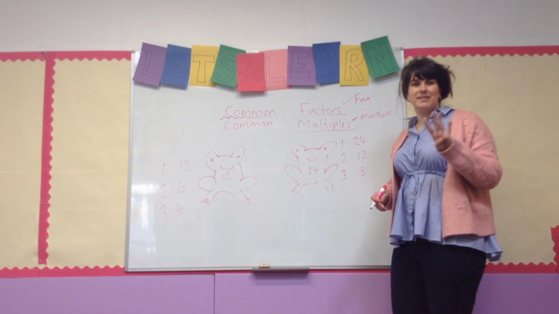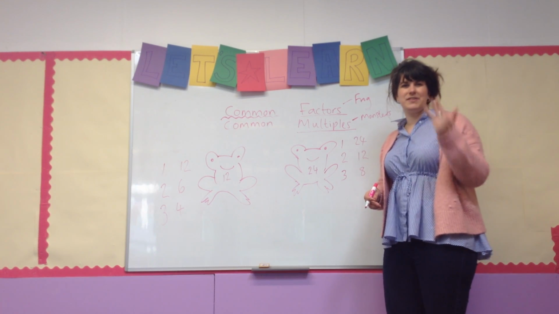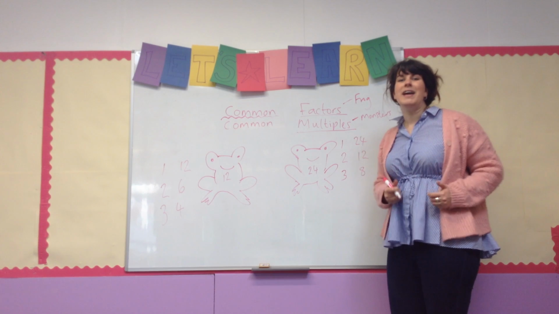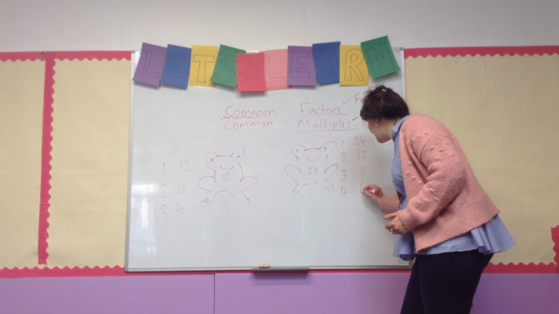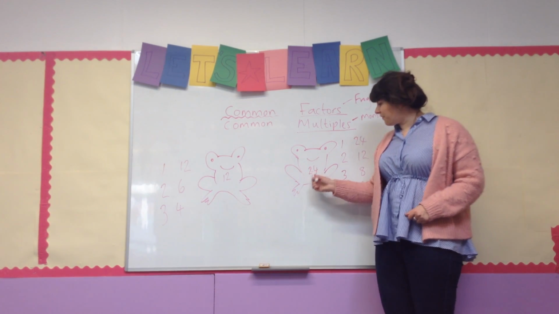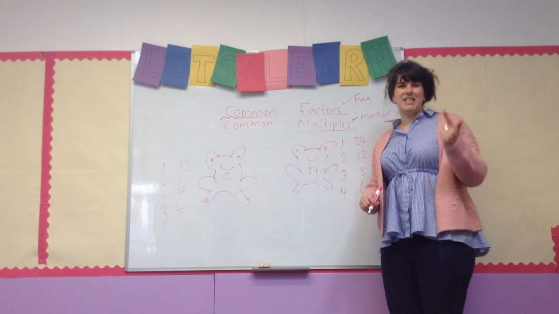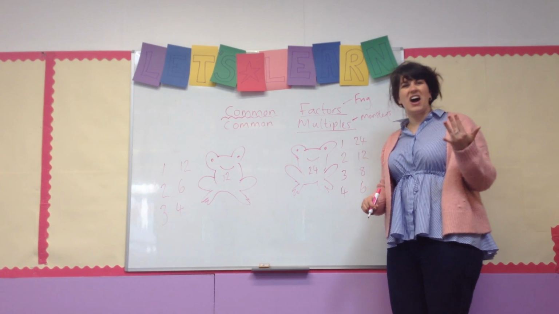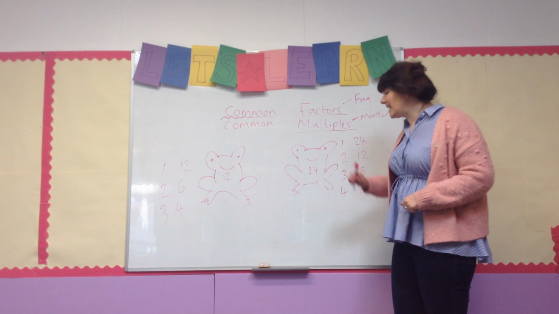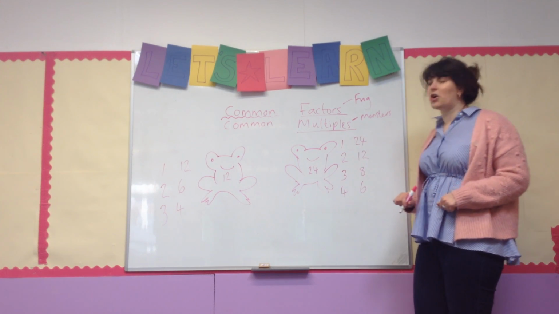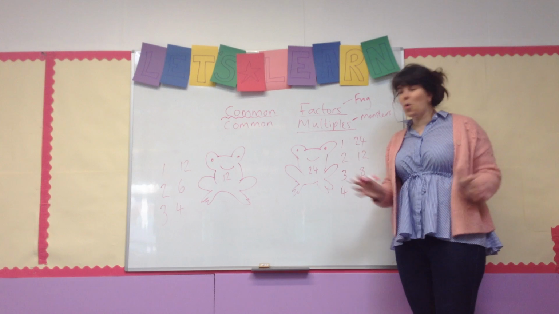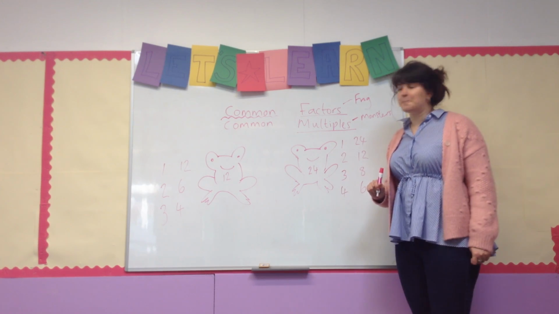Does 4 go inside? 4, 8, 12, 16, 20, 24. Yes, it does. 4 times 6 makes 24. Does 5 go inside? 5, 10, 15, 20, 25. No, it doesn't. Does 6 go in? Yes, it does, and I've already got it. So I now know I've got all of my factor pairs.